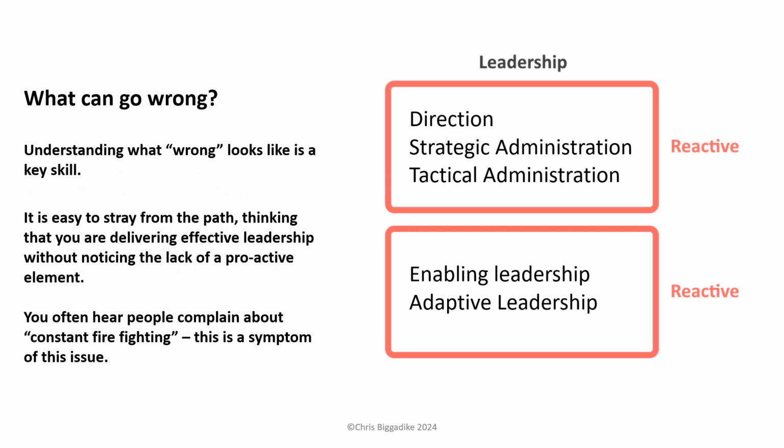When we look at the list of what can go wrong with the proactive leadership modes, some of the problems can come from them becoming reactive. This can be the result of a lack of leadership leading to a lack of control. It could be the result of an unexpected change in the environment. Whatever the cause, when the modes that should be proactive become reactive, they become ineffective, so they can no longer deliver their leadership objective.